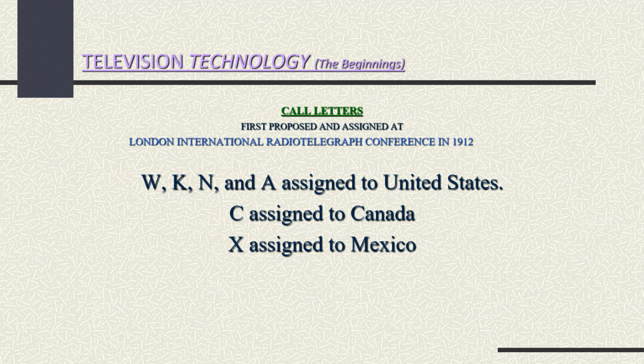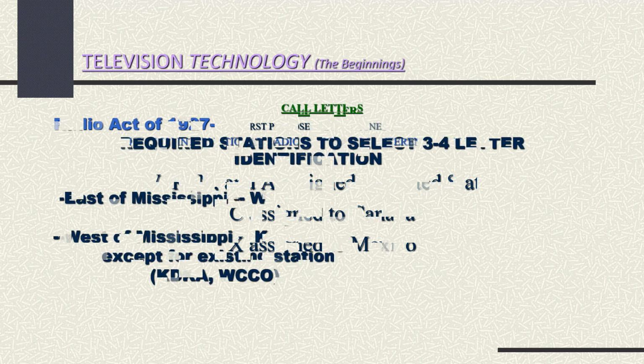In the United States, it's W, K, N, and A. In Canada, they start with C for Canadian TV and radio stations. In Mexico, call letters begin with the letter X. In the United States, N and A are determined for military and emergency frequencies for police and firefighters and those types of entities.